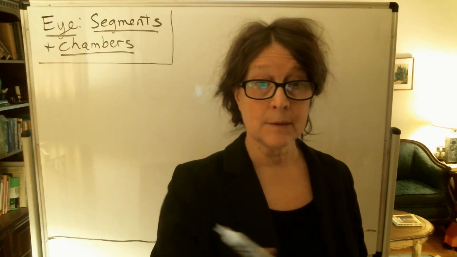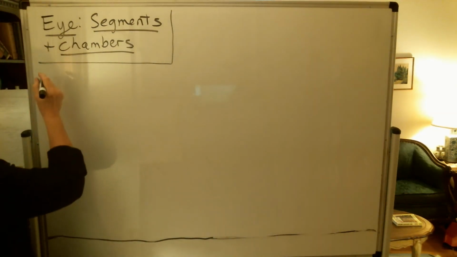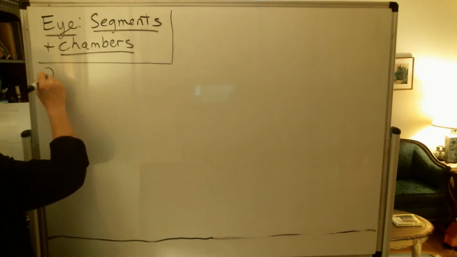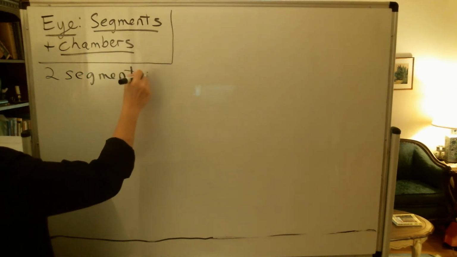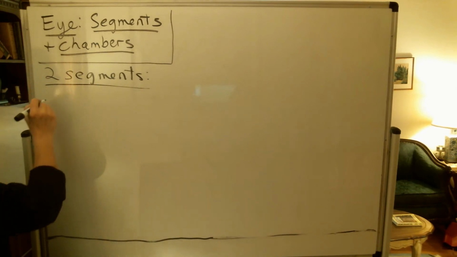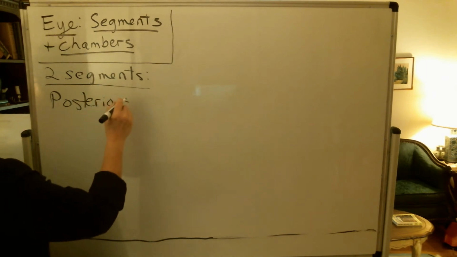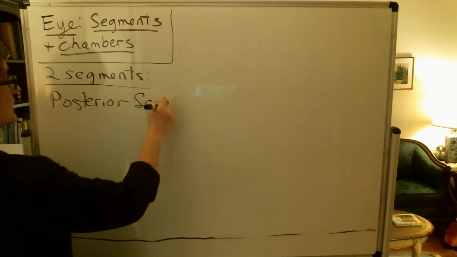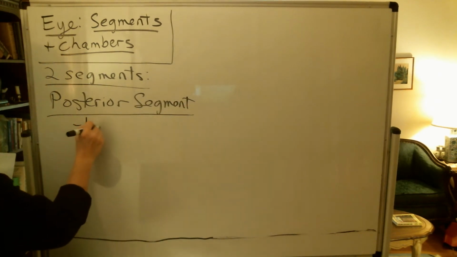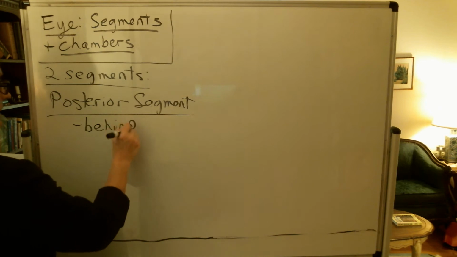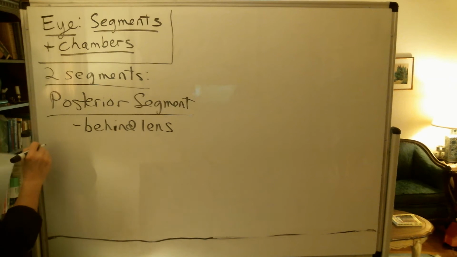This lecture is on the segments and chambers of the eye. So you have two segments to the eye, and one is the posterior segment, and that is behind the lens.